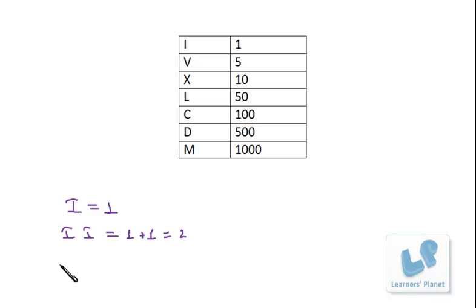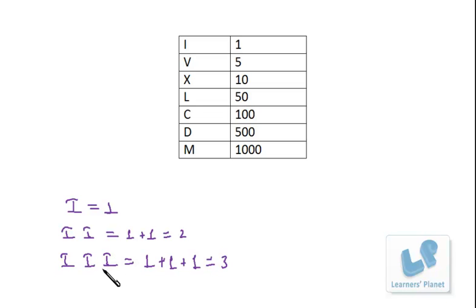Now, if I wish to write 3, that means I I I, that is 1 plus 1 plus 1, that is 3. Now suppose I wish to write 4, as we have already discussed in the rules of Roman numerals, we cannot repeat I for more than 3 times. So we cannot write I for 4 times.